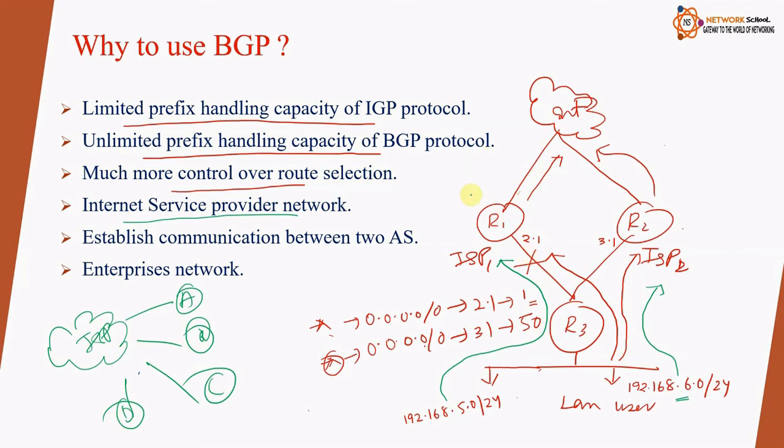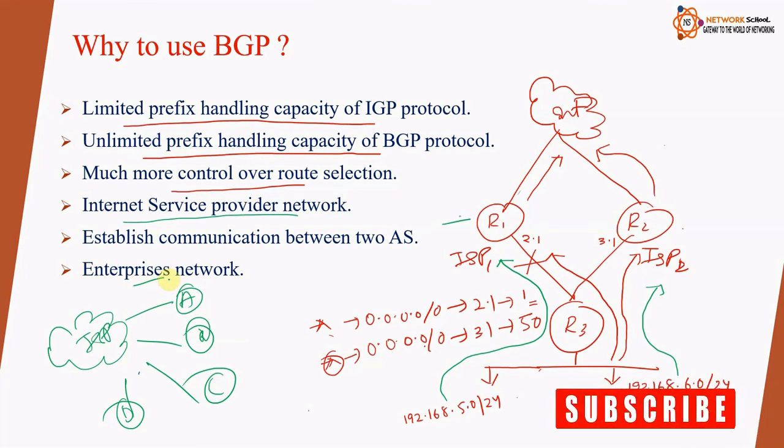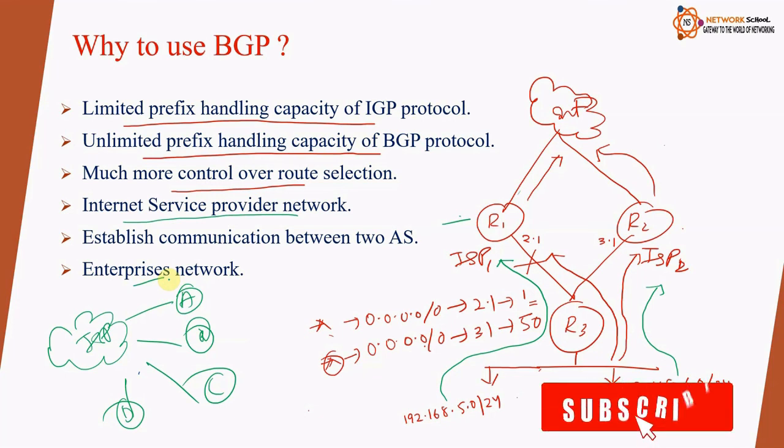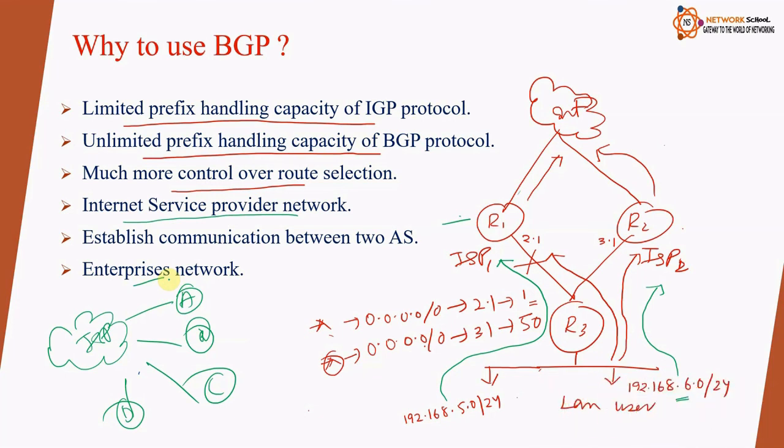And our last point says we have to use BGP in enterprise networks. Let's say Cisco has different offices around the globe. Since they have different offices, they also have different autonomous system numbers. Along with this, they have different subnets, which may be huge, so we cannot use the IGP protocol there. To establish communication, we have to use BGP. So BGP can also be used for enterprise networks.